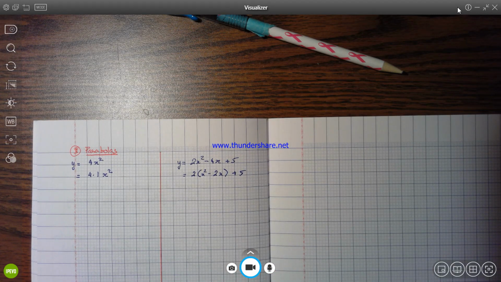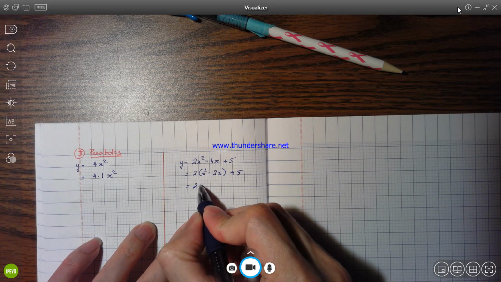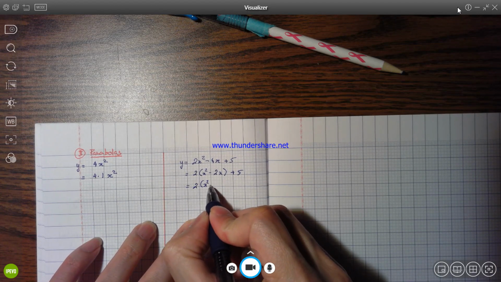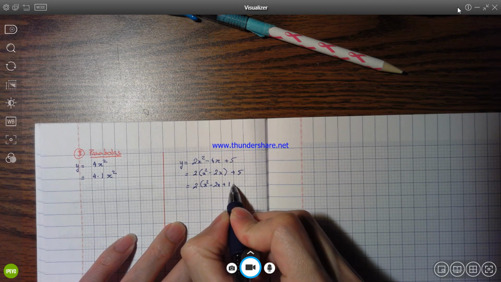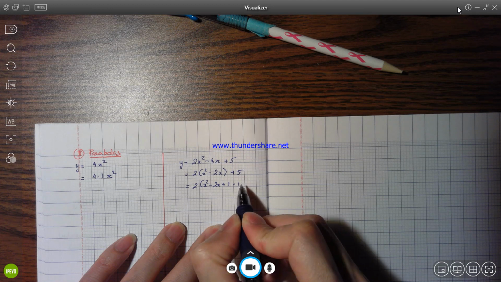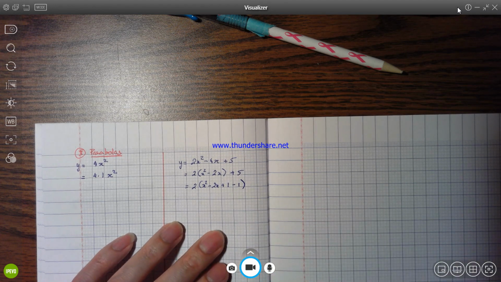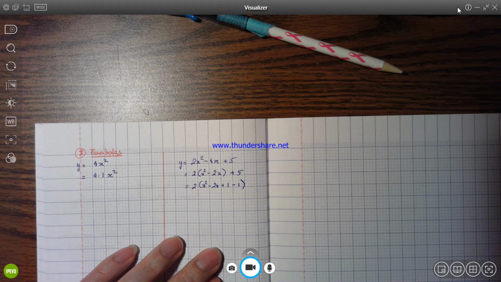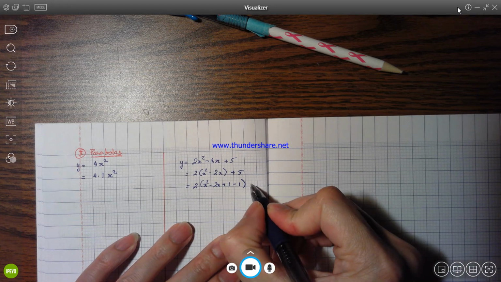Then I can add or subtract a number 1. Okay, why do I have to do that? Because if I add or subtract, I can get a perfect square. Look at this, plus 5.